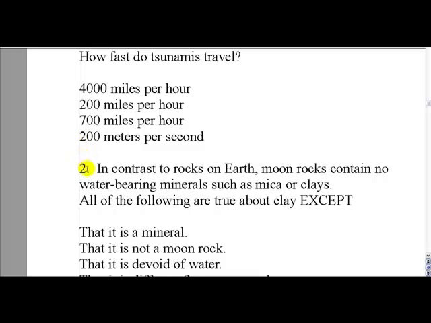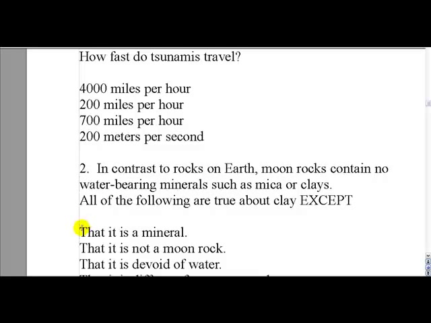Now when it says water-bearing minerals, we know that mica or clay are both examples of water-bearing minerals. So we also know that mica is a mineral and clay is a mineral, and they both are water-bearing minerals. And we also know that they're not moon rocks and they don't come from the moon because moon rocks don't have any water.